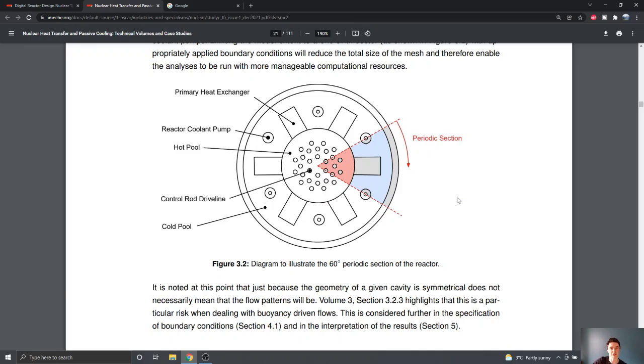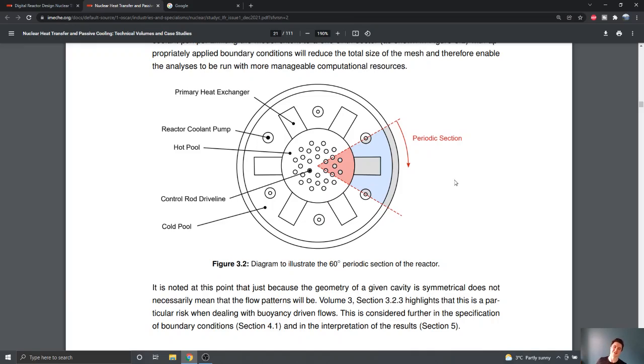And this is really useful for us as analysts because straight away we can identify that there's some periodicity to the reactor design. In this case, we've got that 60-degree section, which is periodic. What that means is that for our analysis, we can just analyze directly this 60-degree section of the reactor and then apply appropriate periodic boundary conditions on the side to account for the effect of the other components.